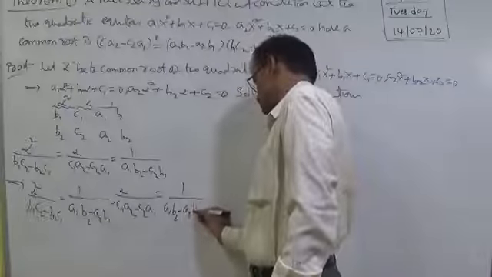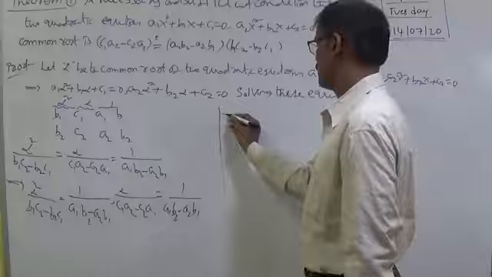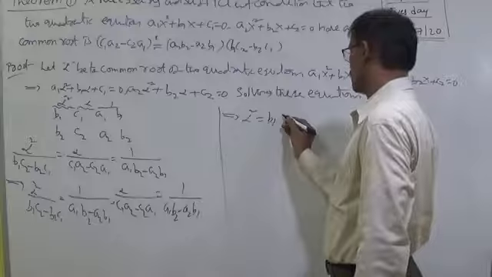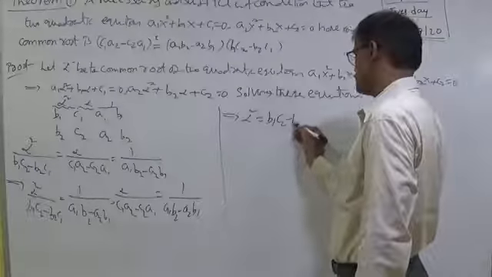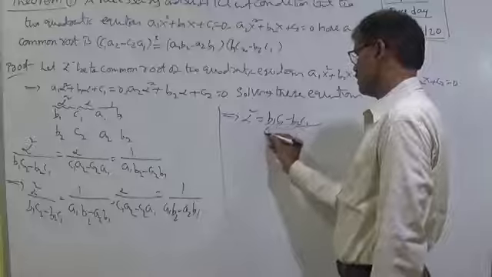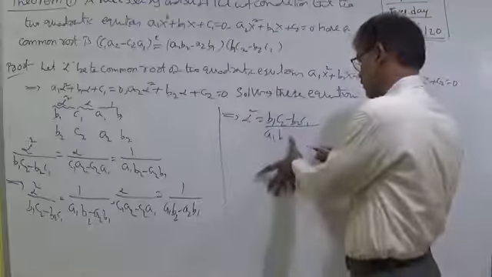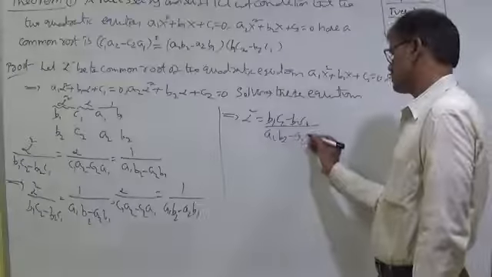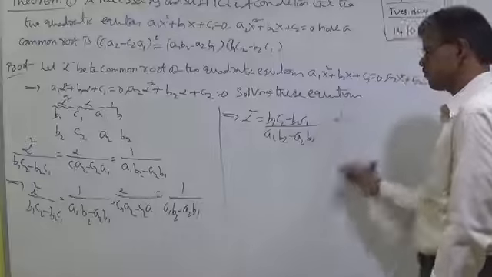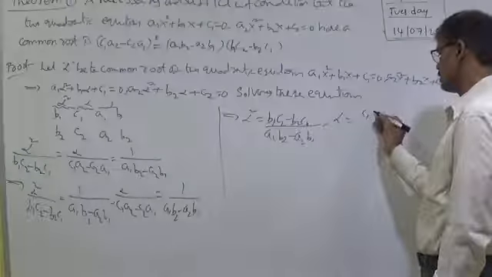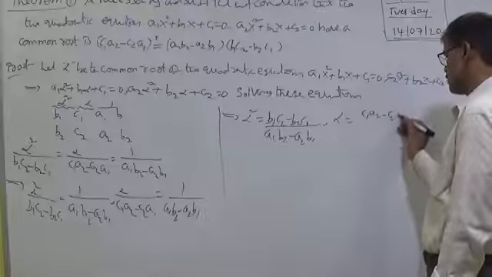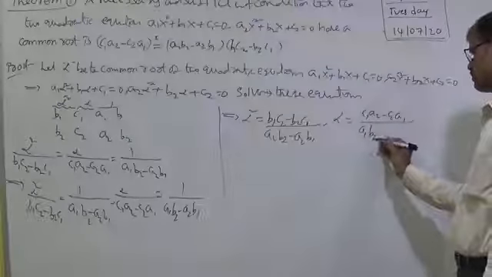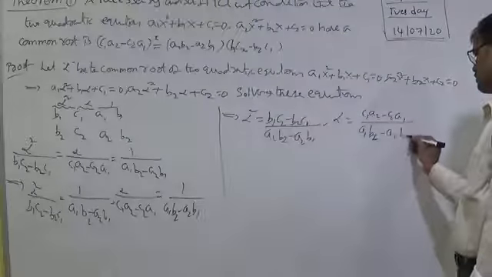By cross multiplication, alpha square is equal to b1 c2 minus b2 c1 by a1 b2 minus a2 b1, comma, alpha is equal to c1 a2 minus c2 a1 by a1 b2 minus a2 b1.